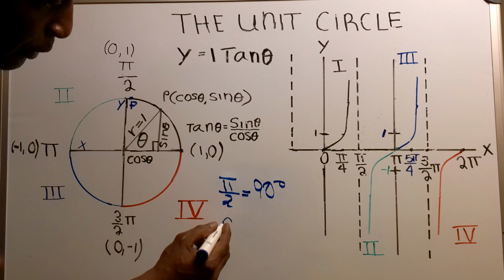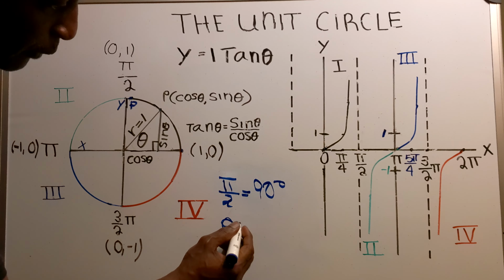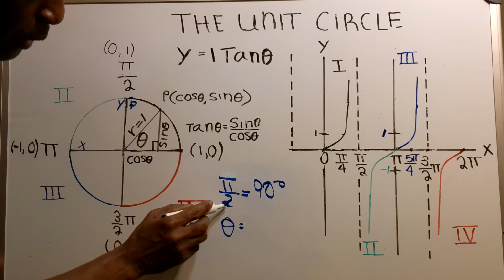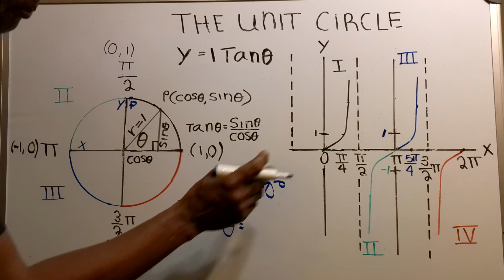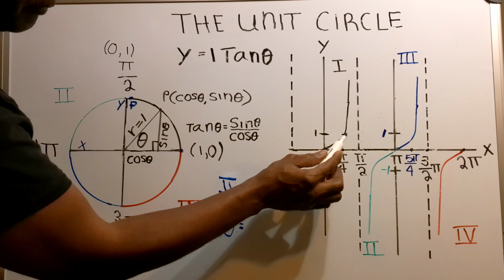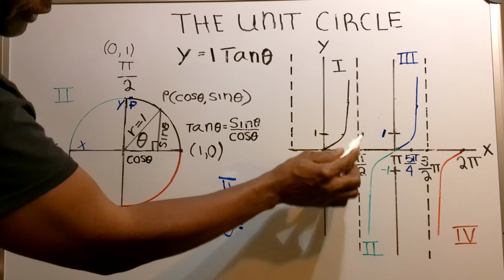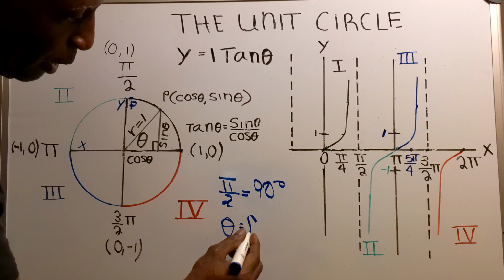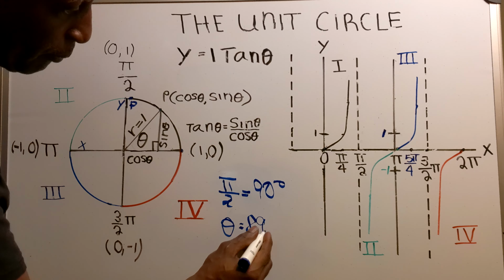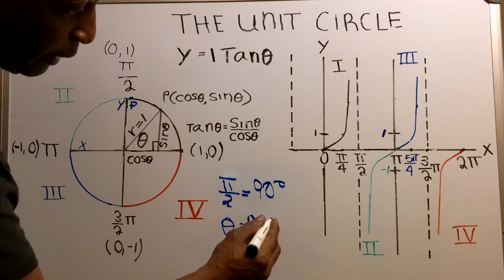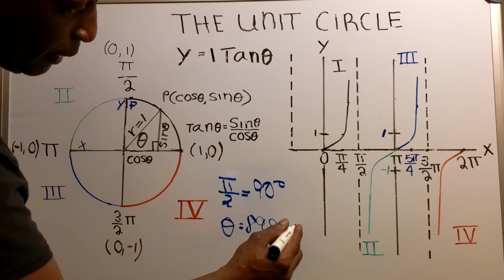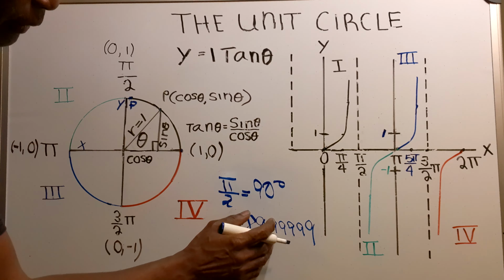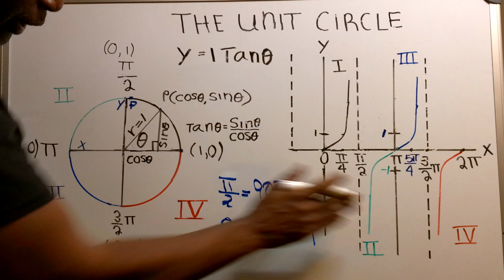Now pi over 2 equals 90 degrees, but since you cannot really touch the 90-degree line, these dotted lines, what you're really talking about is something like 89.99999, and these nines will literally go on forever.